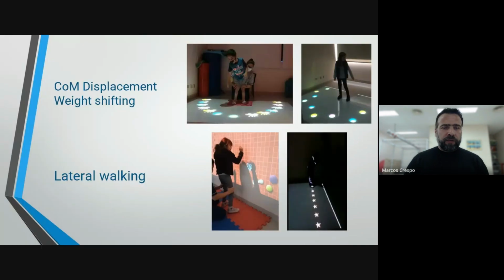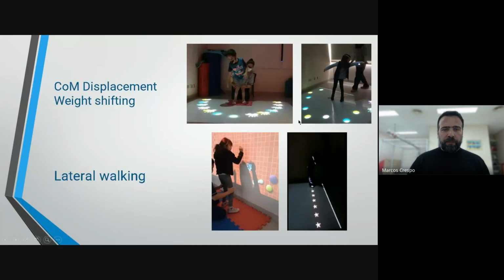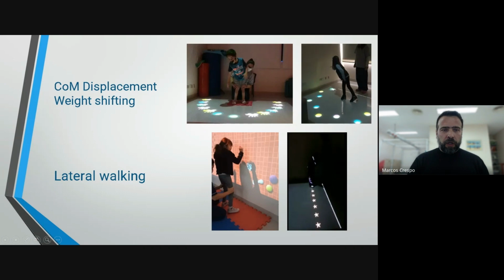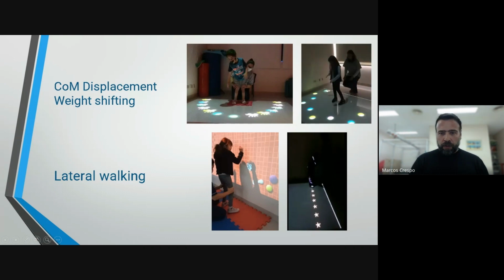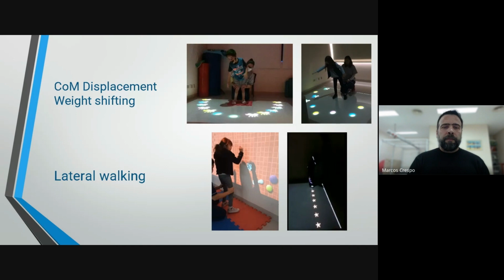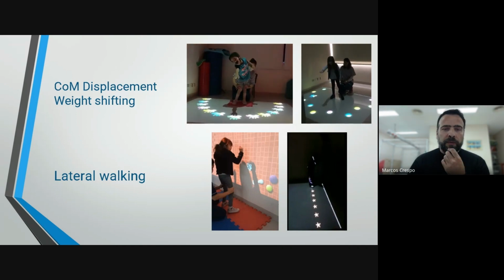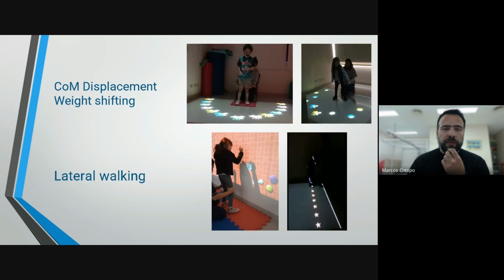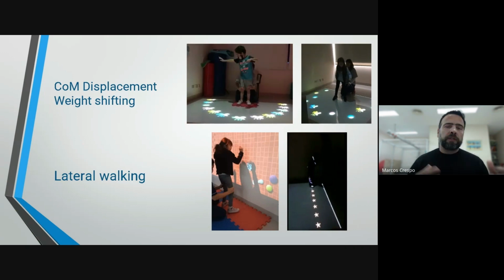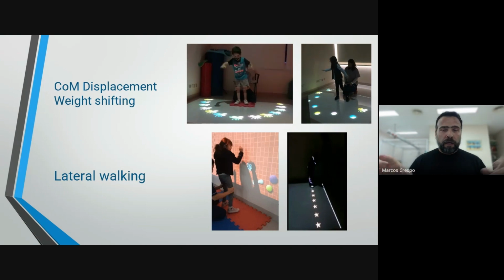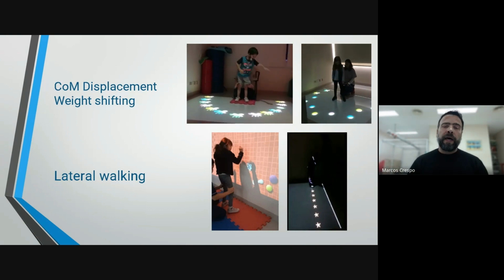I have some examples here in these videos working on balance and, sorry, I lost the mouse here. In balance and gait rehabilitation programs, when we start to work with the patient in weight shifting or center of mass displacement, we use this kind of sprites activities of Nirvana.